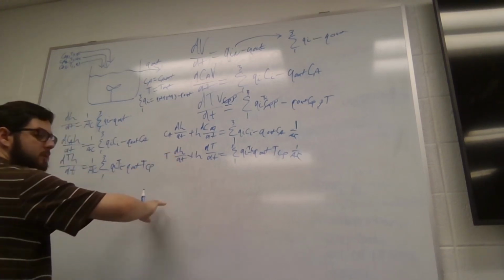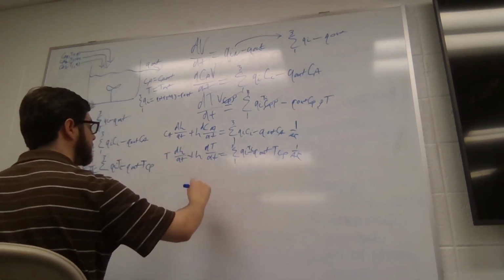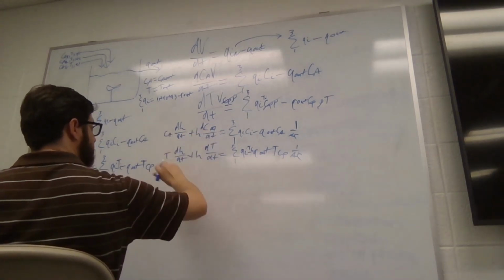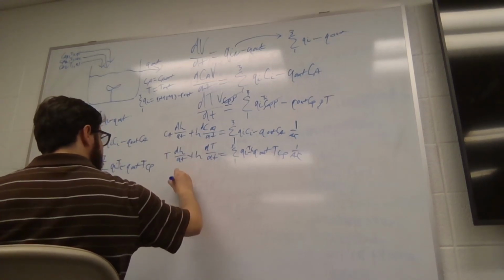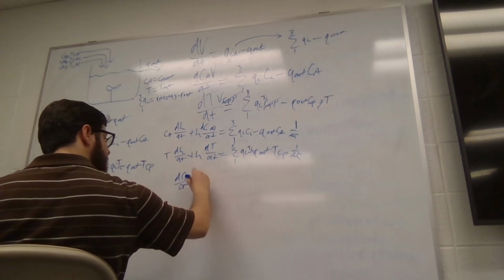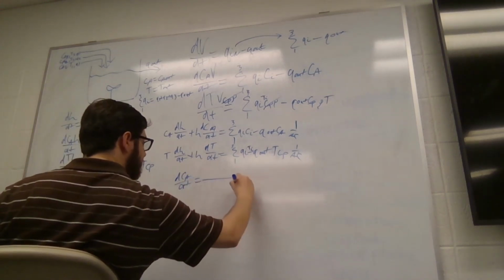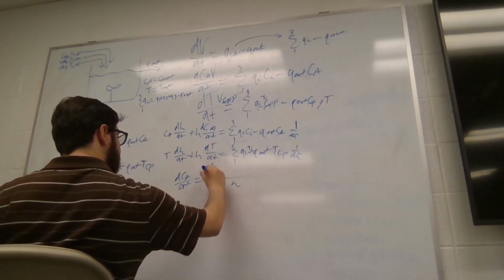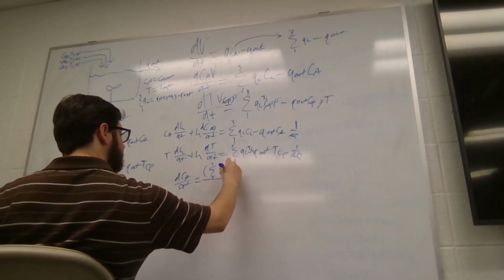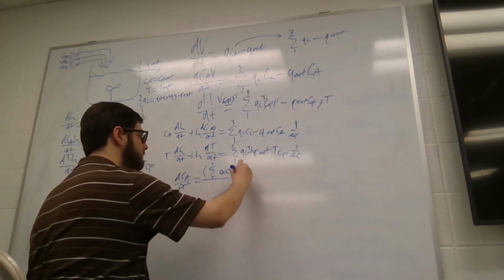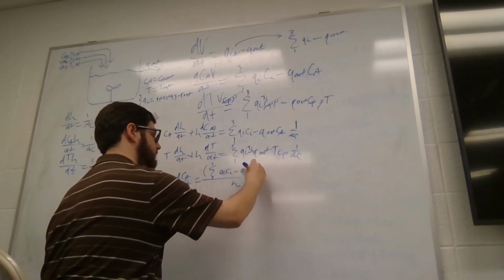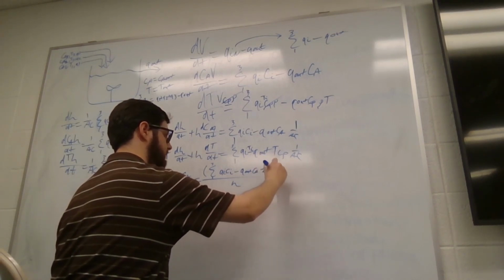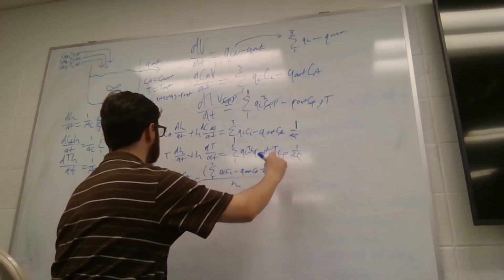So dCA over dt is going to look something like this; we just want to isolate it algebraically, all over H, minus the term with dH over dt.